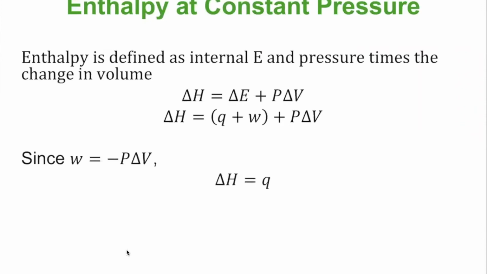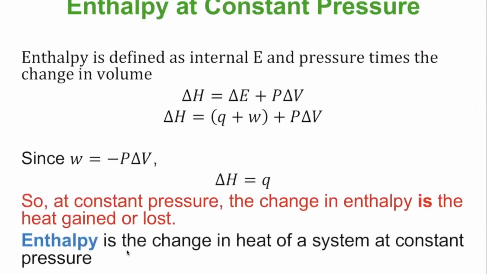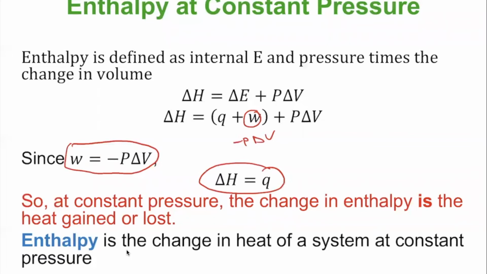Delta E, and you don't need to solve for it, from the previous slides we know is Q plus W. In this case, W equals negative P delta V, so we substitute it with negative P delta V. What we come out with from this equation is that delta H equals Q. So the enthalpy simply equals the flow of heat at a constant pressure.